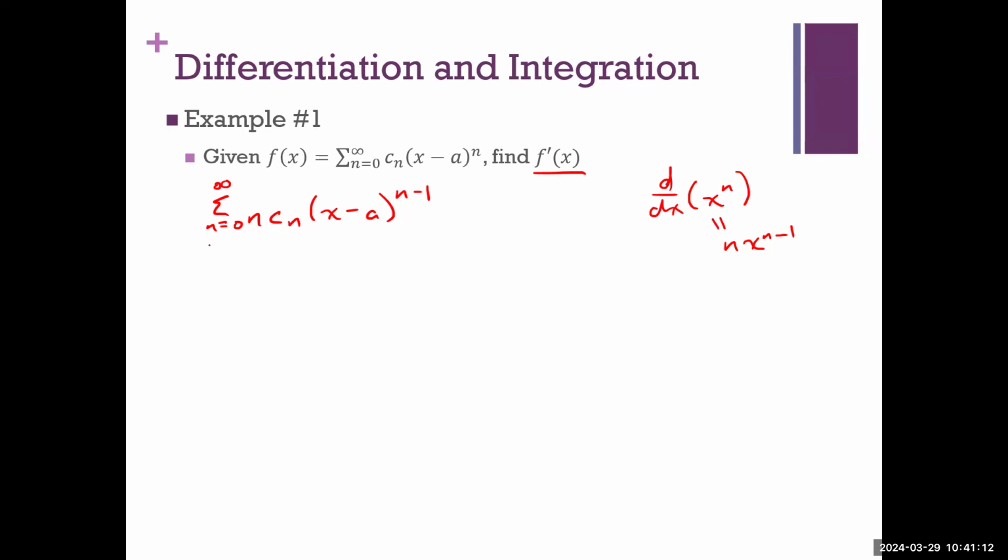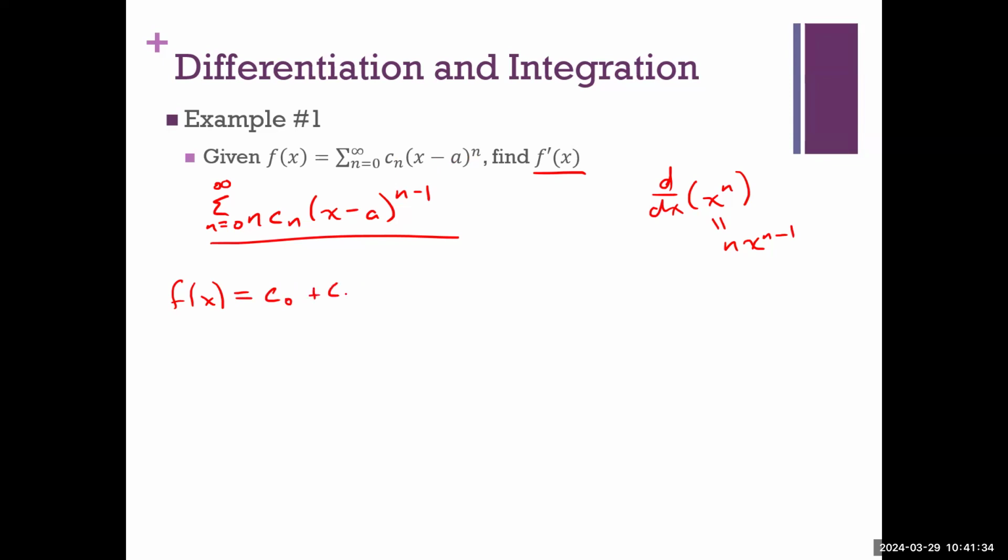One thing I want to do to maybe make this a little more convincing is, let's actually build out some terms. What's the first term of this power series going to be? C sub 0. Because when n equals 0, I'm going to get C of 0 times 1, right?